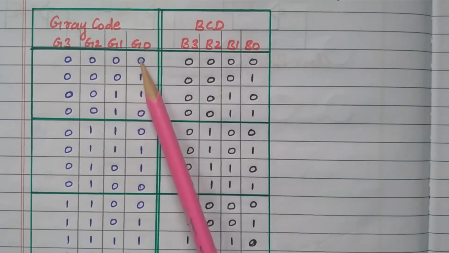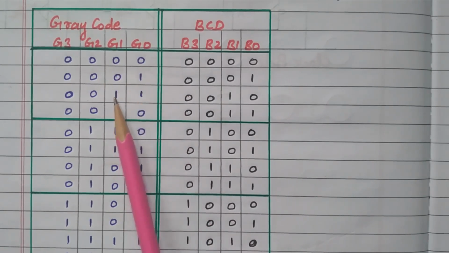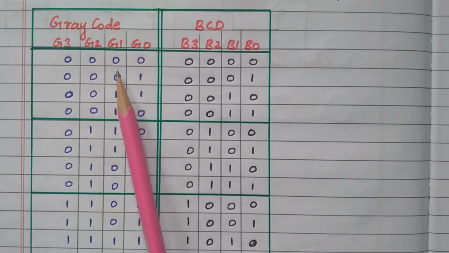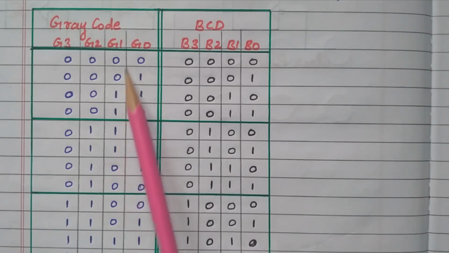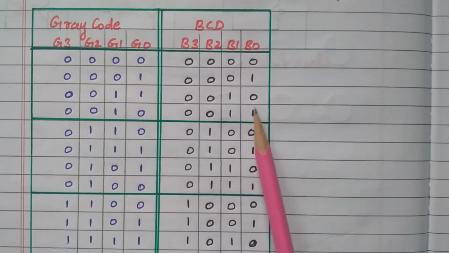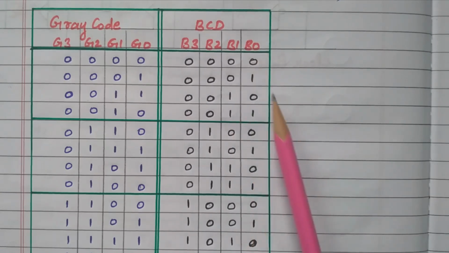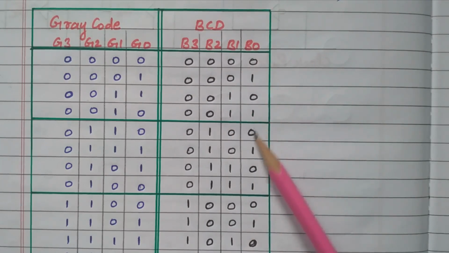Here this is not in order. Normally we would write 0 0, 0 1, 1 0, 1 1, but it is written as 0 0, 0 1, 1 1, then 1 0. Here the order is changed. Why did we change this order? In order to bring the output into a sequential order. See here, the output for B0 is 0 1 0 1 0 1, like that.